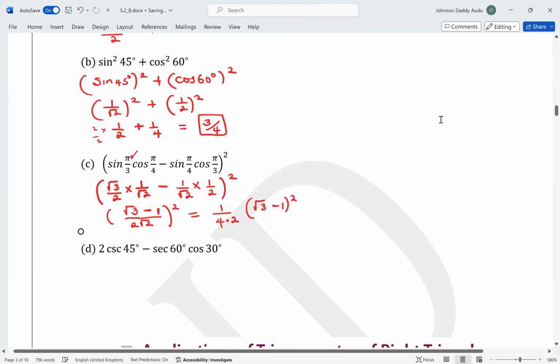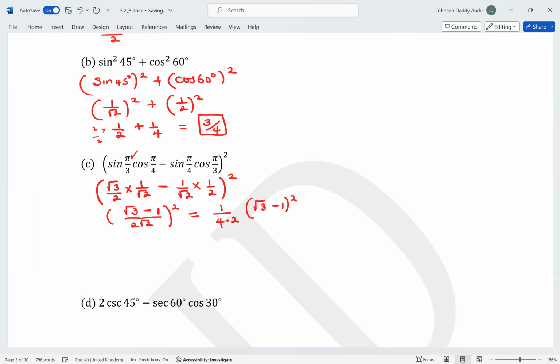And what else can we get from here? We just need to expand here. This will be 1 over 8 into, this will become 3, right? Minus 2 root 3. Then plus 1. Okay. And this is just going to be 1 over 8.